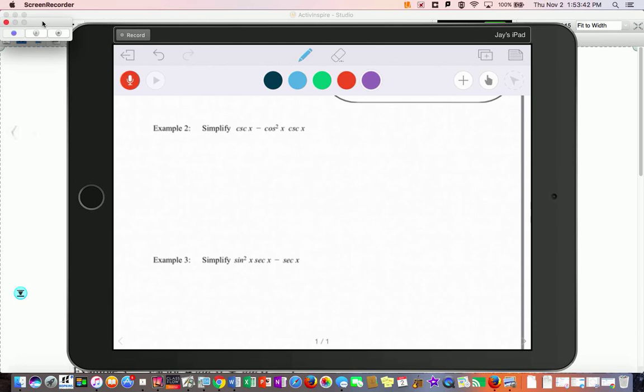Something similar here. Let's see. We got a cosecant in both. And if I pull that out, it leaves behind 1 minus cosine squared of x. Now we just saw that this 1 minus cosine squared is actually sine squared of x. And another way to write cosecant is 1 over sine.